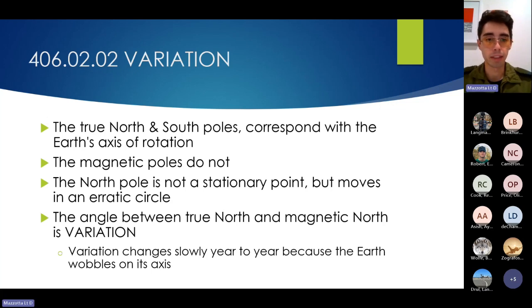For example, the variation over Edmonton is about 14 degrees to the east. And it does change as you go further west, and as you go further east. A good way to know what the variation is, is by looking on a current VNC chart, which I think you'll talk about next week in navigation a little bit further in depth.